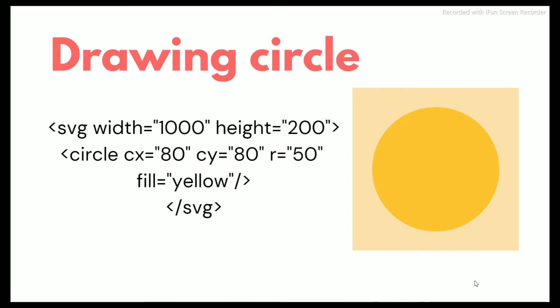And we have a circle tag, which is a child node of the parent node SVG, and circle includes 4 attributes: CX, CY, R, and fill, where fill represents the color of that object, R represents the radius of the circle, CY represents the distance of the circle from the x-axis, and CX represents the distance of the circle from the y-axis. This is how we draw the circle in SVG.